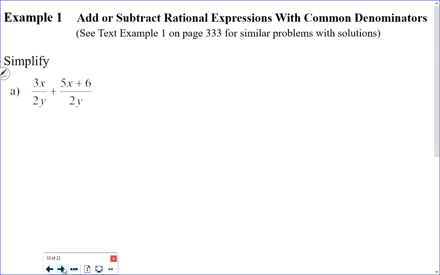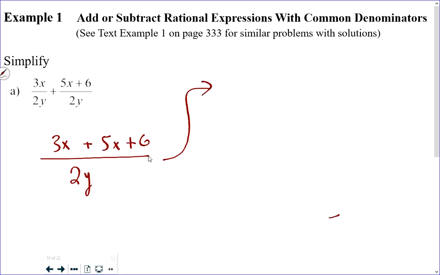If I said to you we need to add these, the first thing that you always want to do when you're adding or subtracting is say, do I have a common denominator? And I do. This is really pretty easy. We can put these both together over 2y and have 3x plus 5x plus 6.